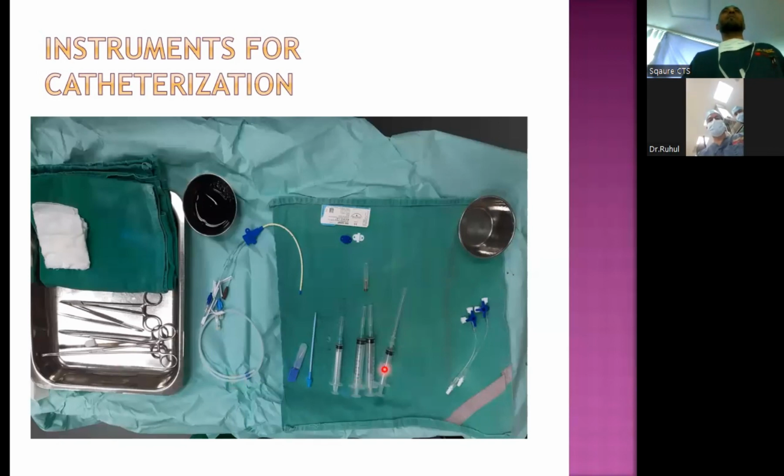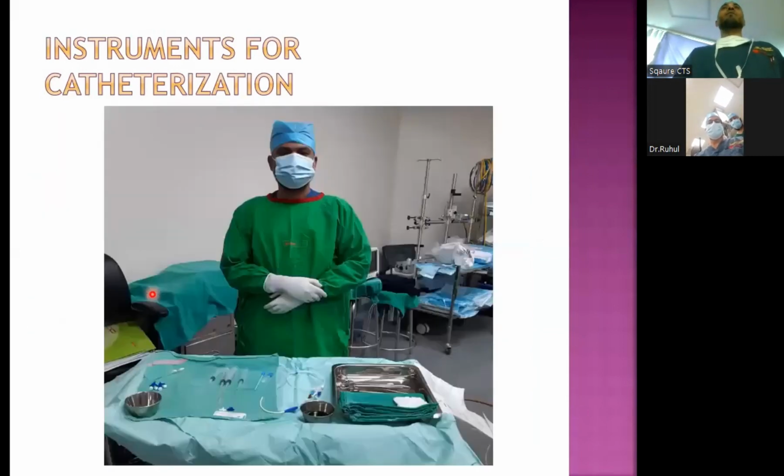There is a puncture needle, the extension, the dilator, scalpel, the suture materials, the CV catheter, the guide wire, and this is the dressing set. And we must maintain sterile precautions.